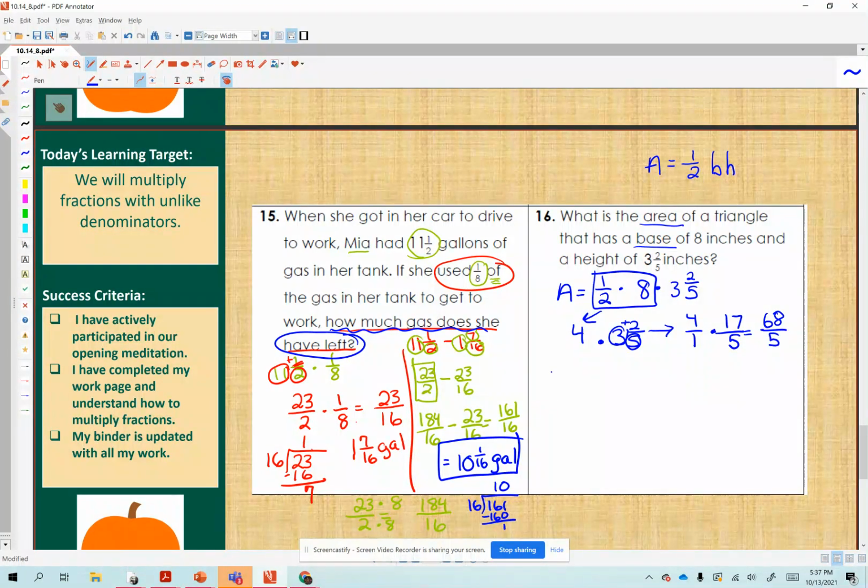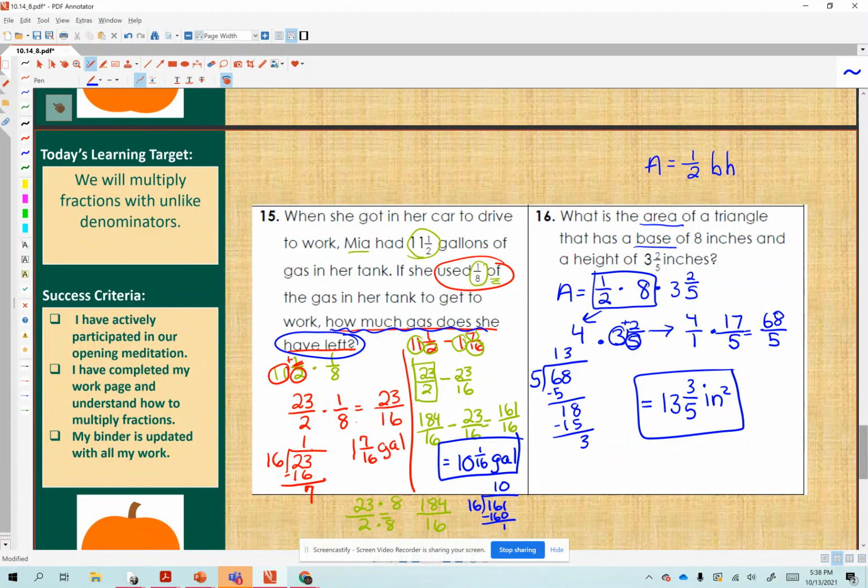So let's turn that back into a mixed number by dividing 68 by 5. And 5 goes into 6 one time, with 1 left over, we bring down the 8. 5 goes into 18 3 times. 3 times 5 is 15. Subtract. With 3/5 left over, so our final answer is 13 3/5 inches squared.